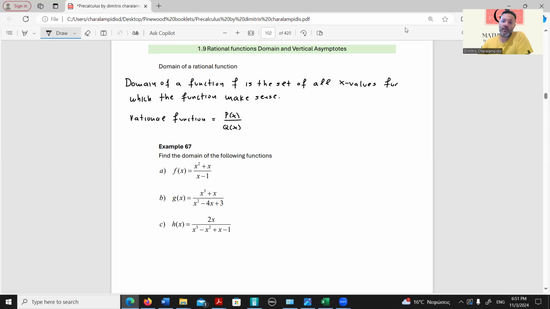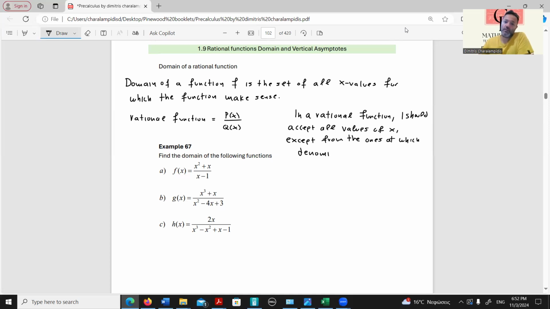So, in a rational function, I should accept all values of x except the ones at which the denominator becomes 0.